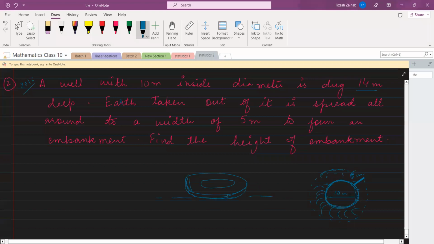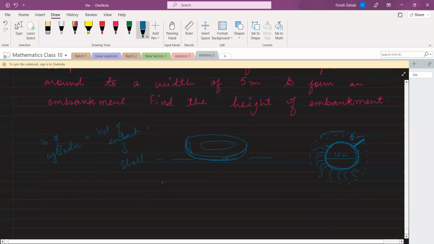Okay. So what is happening here in this question? See, the volume of cylinder, well is in the shape of cylinder, right, is equal to the volume of this embankment, isn't it? Obviously, that's the same soil which is coming out. Clear? Now this embankment is actually a shell, right? So shell means, see, how does it look like?